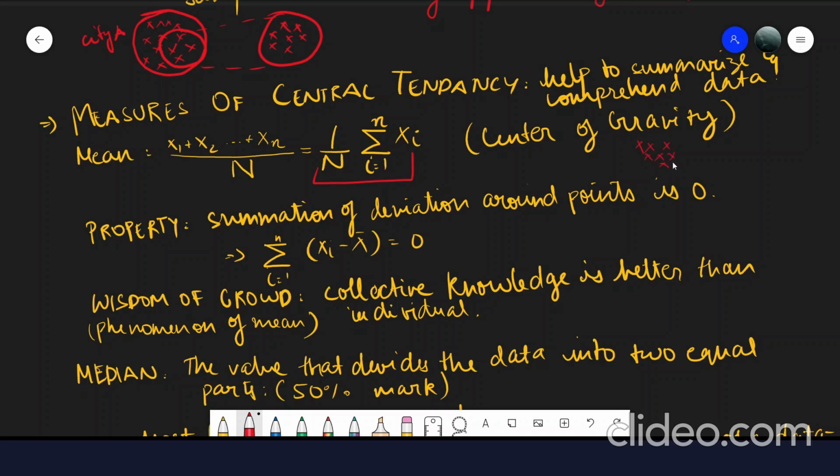Let's say I have a data set like this where all the points are clustered close by. The mean would be somewhere over here in the center. It gives you the point where you can find the center of gravity.